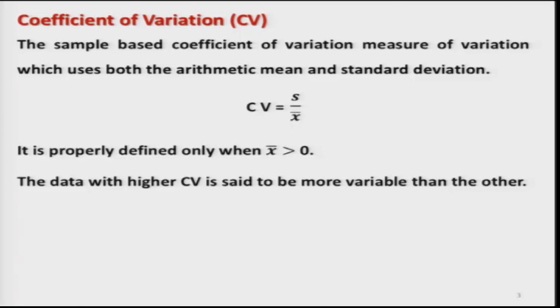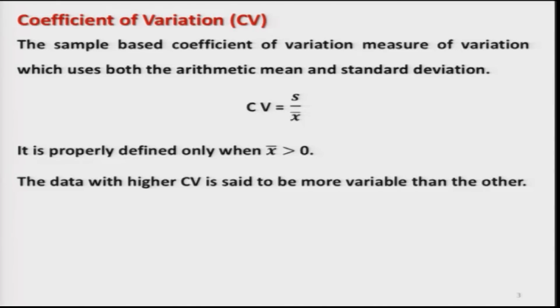Similarly, in the case of coefficient of variation, we have two versions, one for the population and one for the sample. But here, when we are discussing the tools of descriptive statistics, we want to compute everything on the basis of a given sample of data. So, I am going to discuss here the sample version of the coefficient of variation. Please keep this in mind.